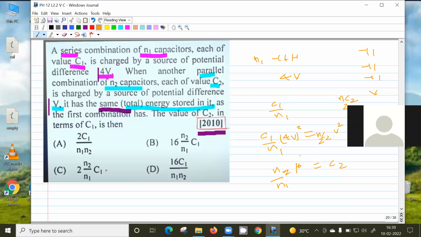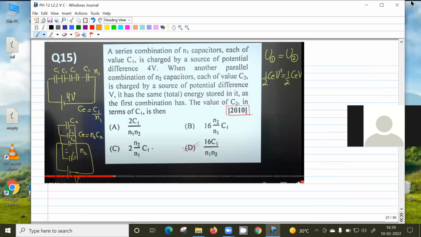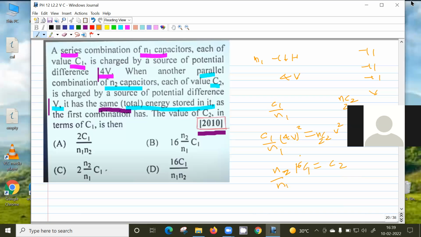So option B, right? Option D, because N2 will come in the denominator. Okay, N1 and N2 both will be in the denominator. So I made some mistake. Option D is the correct one.